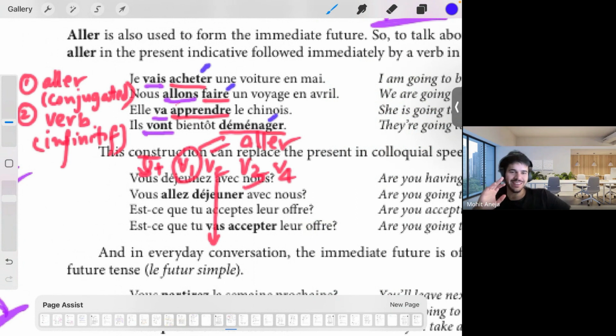Déménager is a very, very weird and specific word in French. You will be surprised at how specific French people can get. This word is actually a big thing that we do in English. It means to pack up all your stuff and move out of a place. All of this is called déménager, to move out.